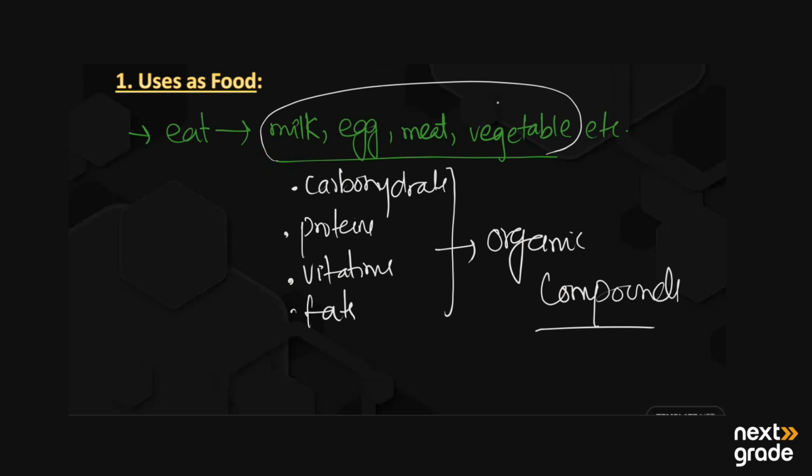So egg, milk, meat, vegetables, and so on are all sources of organic compounds, and they include carbohydrates, proteins, vitamins, and fats. We need to eat this type of food in our daily life for survival and for energy. So we use organic compounds as a source of food.